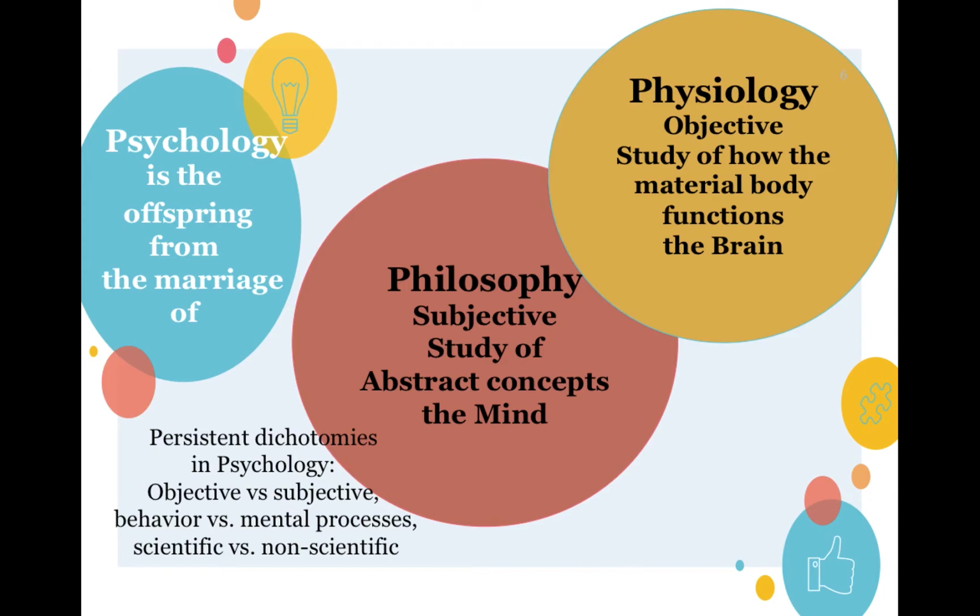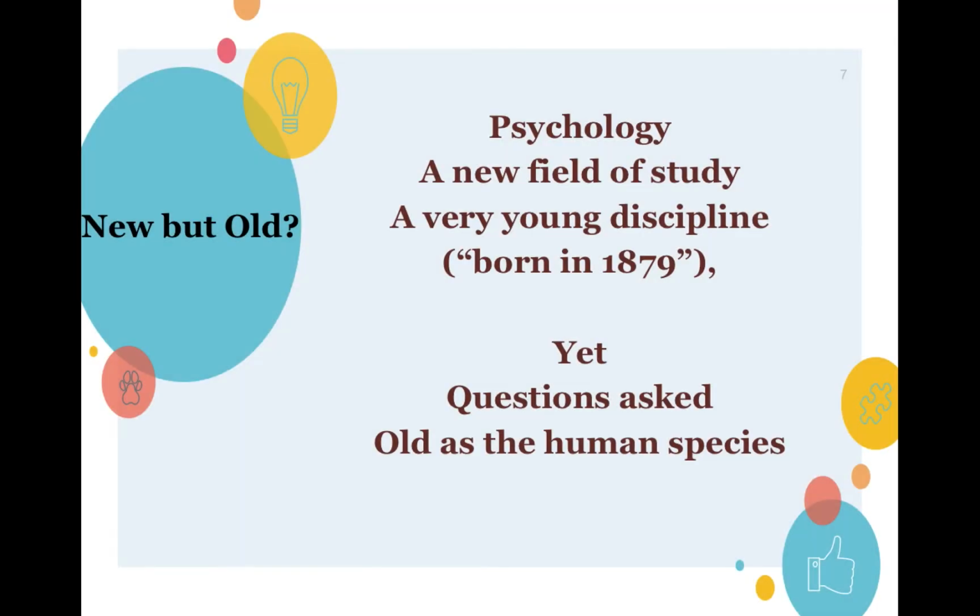Okay, the distinction between behavior and mental processes, and the distinction between scientific and non-scientific practices. So you'll be tired of these dichotomies by the end of the class, but they're necessary to understand where psychology came from and where it is today and why it is the way it is today.